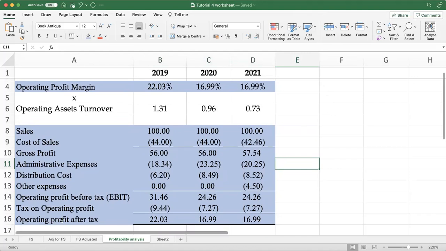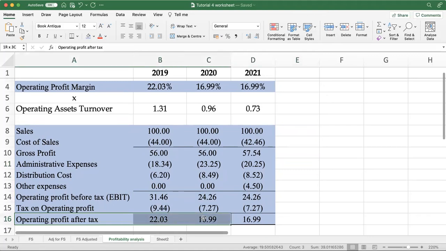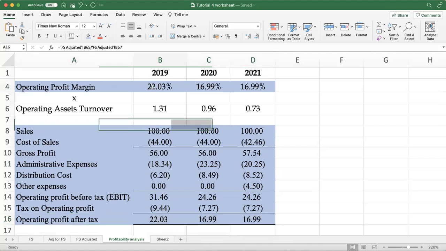Now you see the last item, the common size amount for operating profit after tax. So that's operating profit margin: 22.03, 16.99.